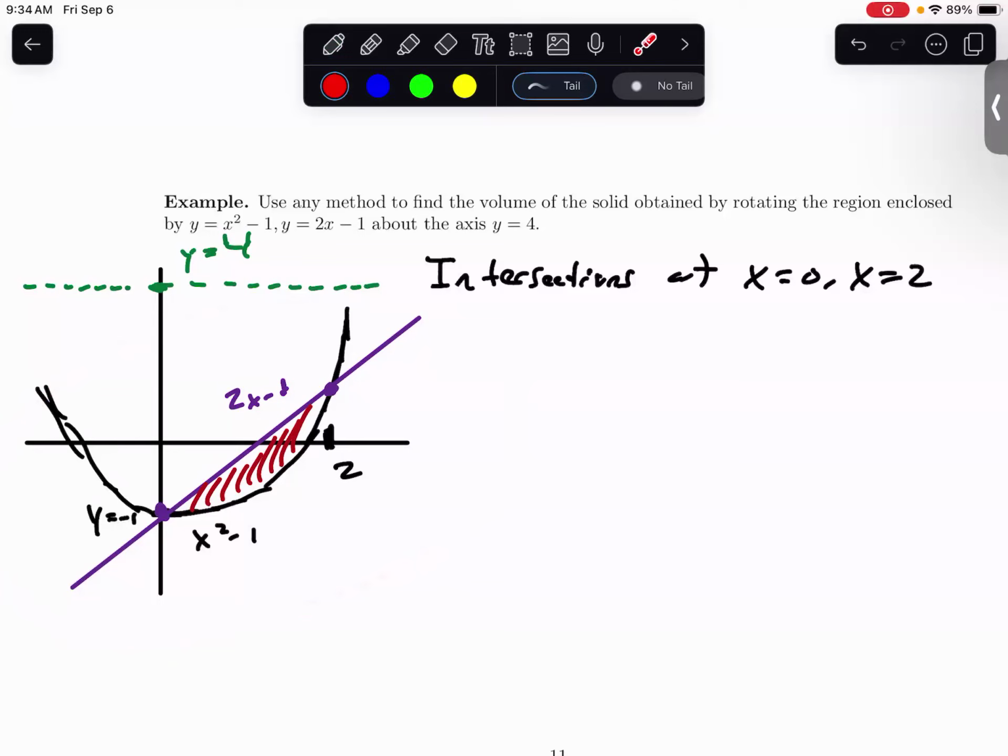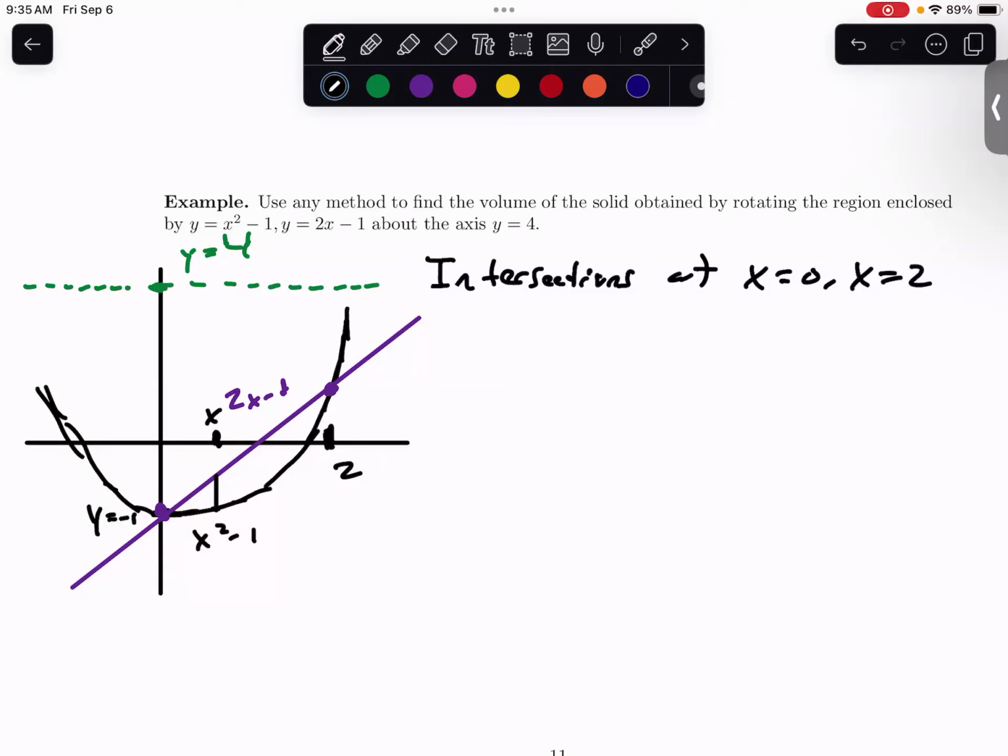Yeah, we're going to be doing the washer method. If we take an arbitrary cross section, I'm going to erase the red markings here. If we take an arbitrary cross section between x is equal to 0 and x is equal to 2, it's going to be perpendicular to the axis of rotation. So if this is our x, this is x, and this is the cross section.